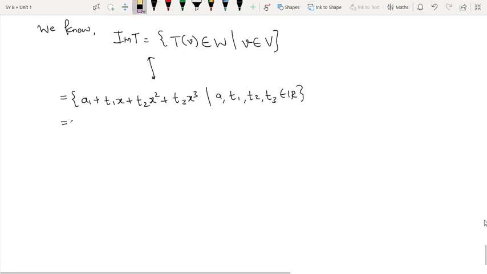Yes, 4 terms, right? 1, 2, 3 and 4. So naturally our S is going to contain, not S now, S1, right? We use notation S1 here. So our S1 is going to contain 4 vectors, right? Where S1 is equal to, now what will be the vectors in S1?